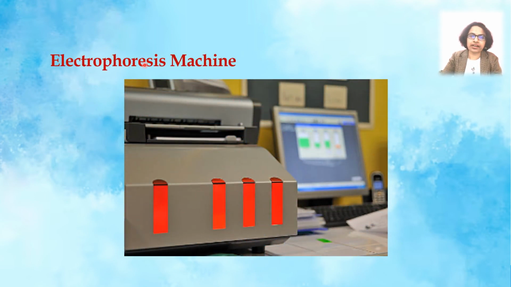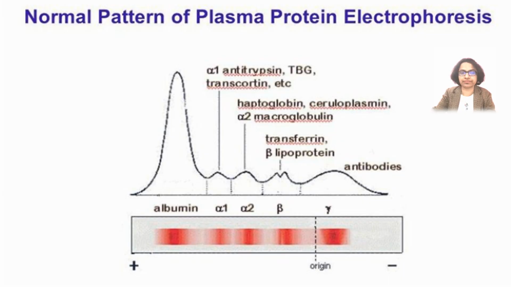Now we can see once again here the electrophoretic pattern. Normal pattern of plasma protein in electrophoresis. When they record the electrophoresis pattern normally, as we discussed, every pattern has 5 bands: albumin, alpha 1 globulin, alpha 2 globulin, beta globulin and gamma globulin.